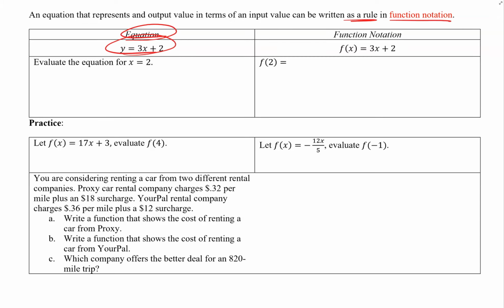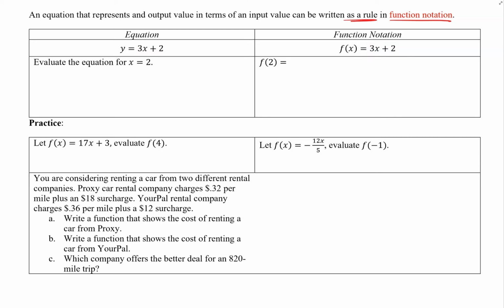what's called function notation. Now, if you look closely at the differences between an equation and a notation, or the similarities, first off, you'll notice that the right side of the expression looks exactly the same. We have 3x plus 2 on the right side.